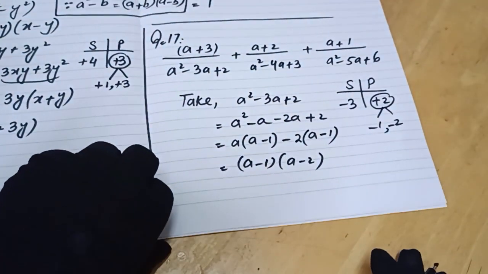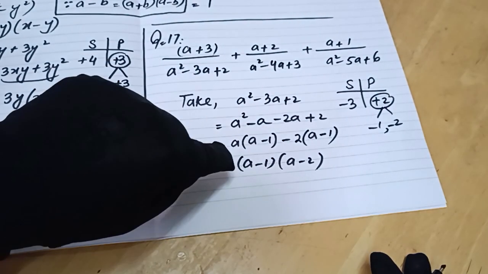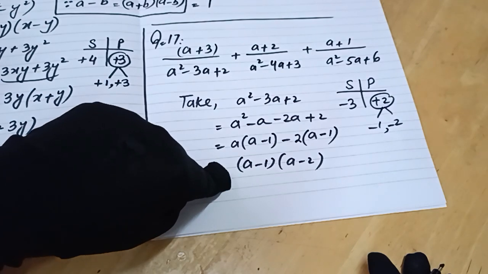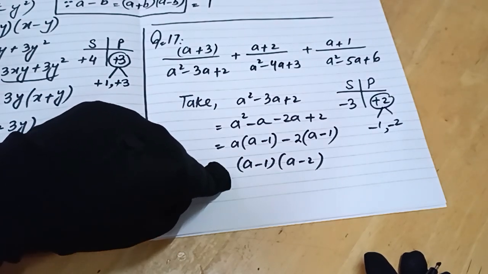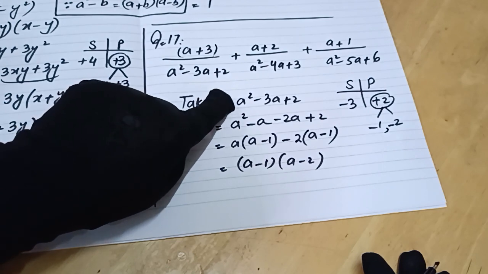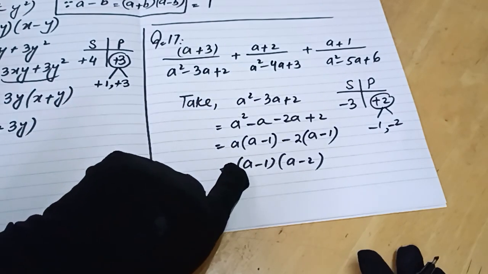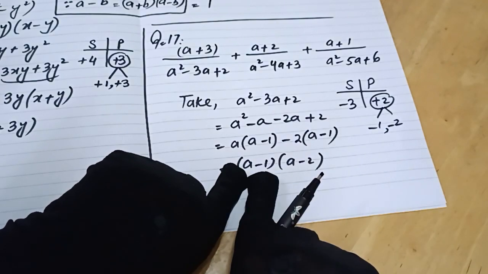If you have short time, sometimes students go from this expression to the factor form directly, they can do that also. What is the procedure? If the quadratic expression has coefficient 1, write down the variable and minus 1 as a factor.